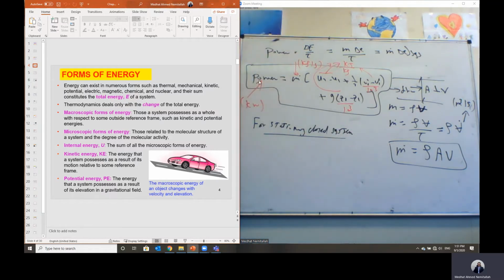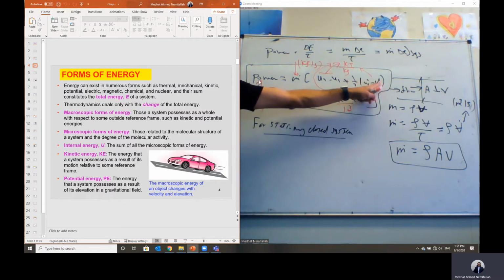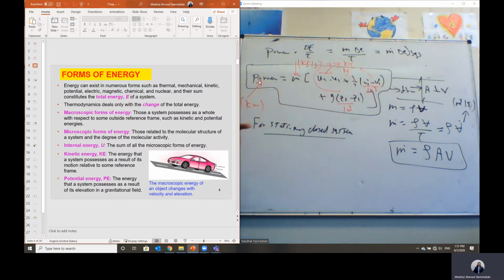Stationary means the system is not moving, so we don't have a change in velocity. V2 is the same as V1, it is not moving. And we also don't have a change in potential energy, so it will equal 0. So in this case, the change of energy of the system will equal what?